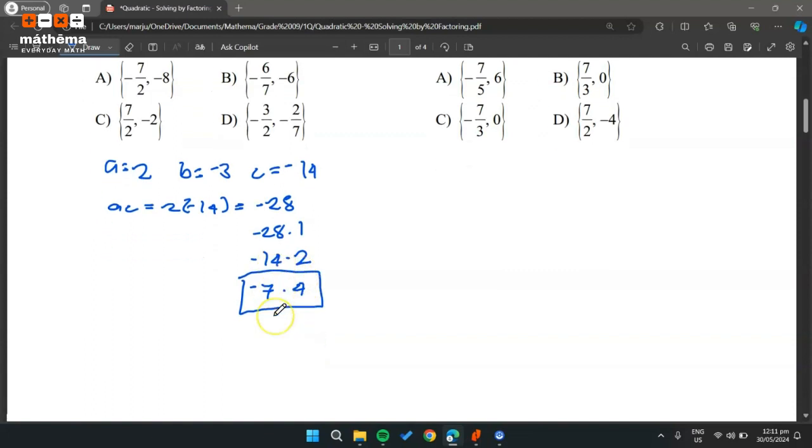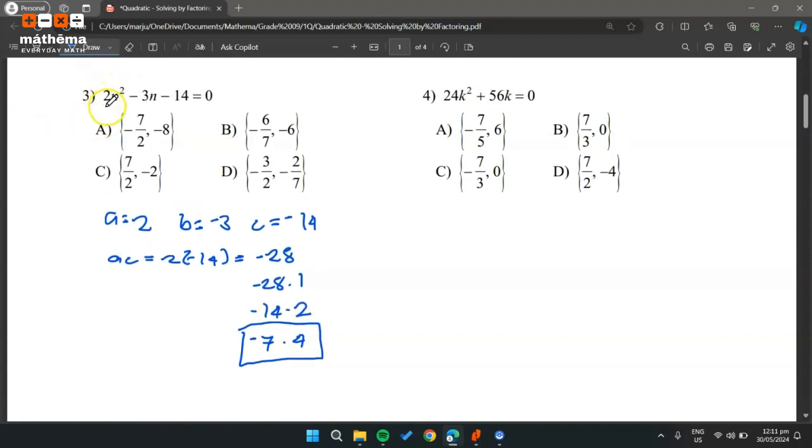Now we are going to rewrite this quadratic equation. We are going to split the middle term. So let me show that. We have 2n squared minus 3n minus 14 equals 0.